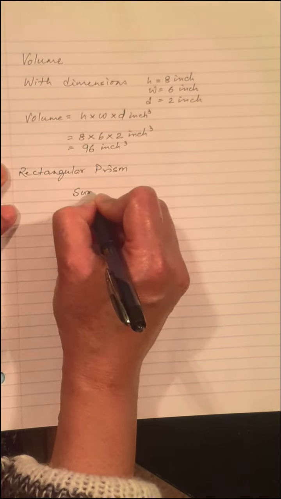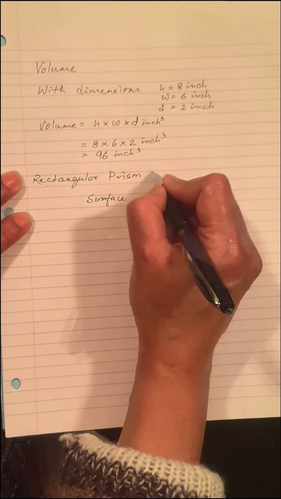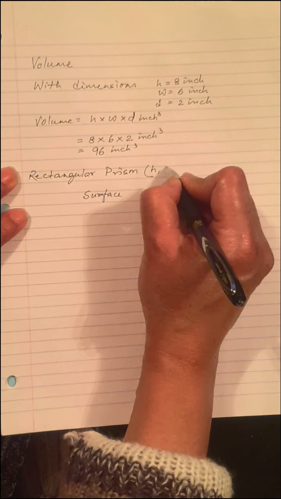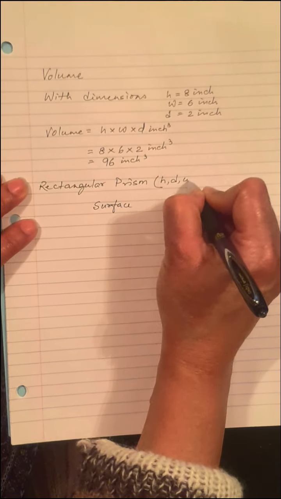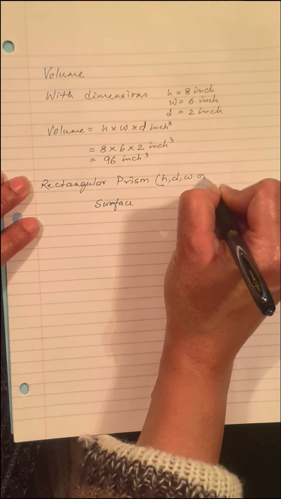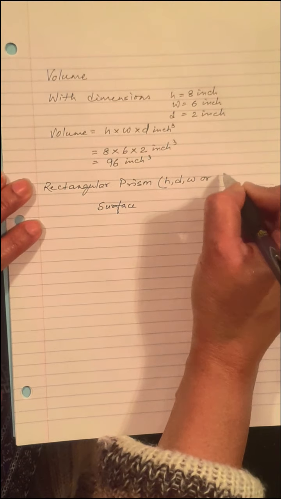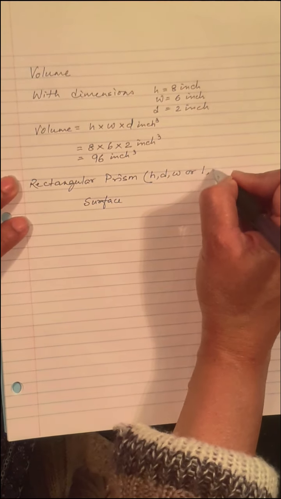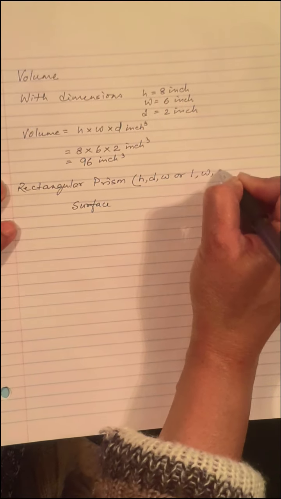So for the rectangular prism, surface area with dimension height, depth, width, or sometimes we call it length, width, depth.